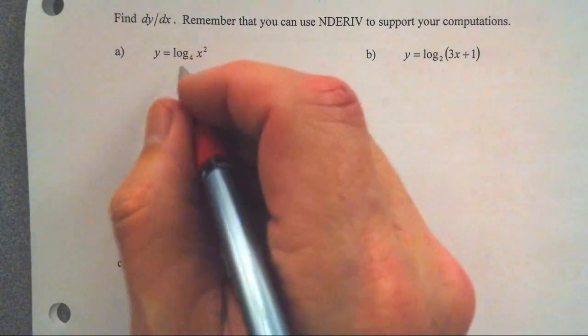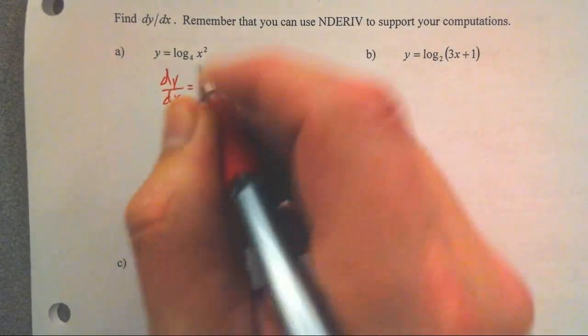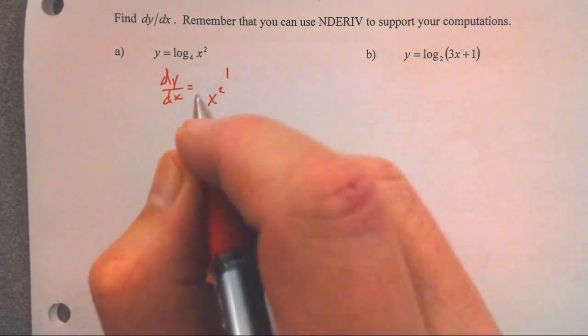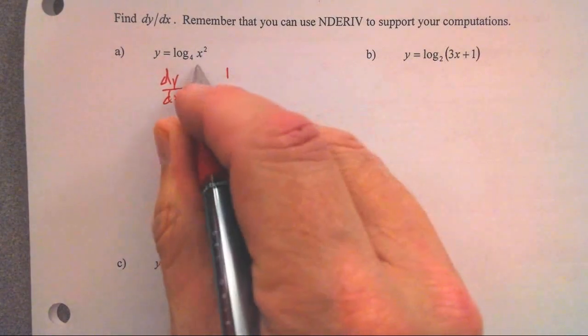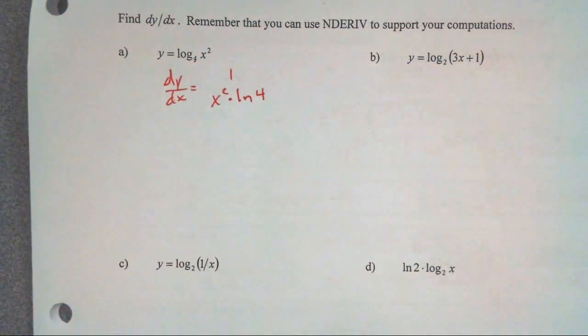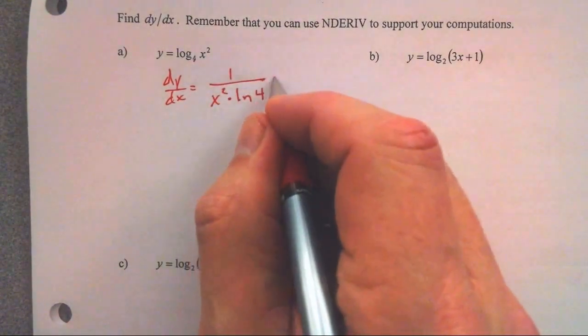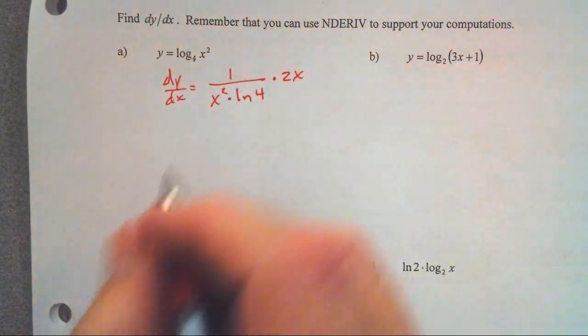So, log base 4 of x squared, dy dx wants to be 1 on x squared. But we compensate, because it's not base e, with ln 4. ln of the base. Times the inside derivative, 2x.